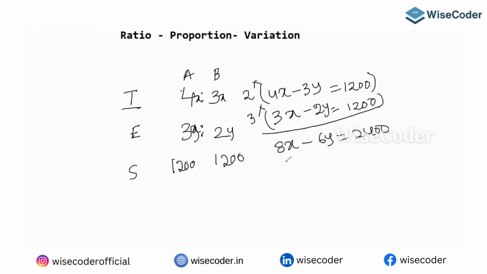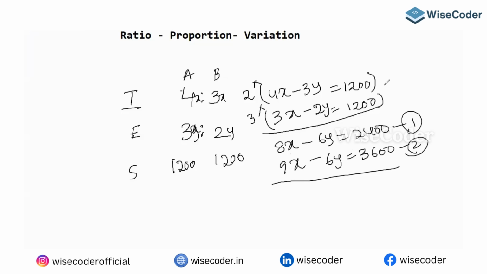Next, 3 3s are 9x minus 3 2s are 6y, 12 3s are 36, that is 3600. Assume these as first and second equations. Subtracting, 1 minus 2 gives x equal to 1200.